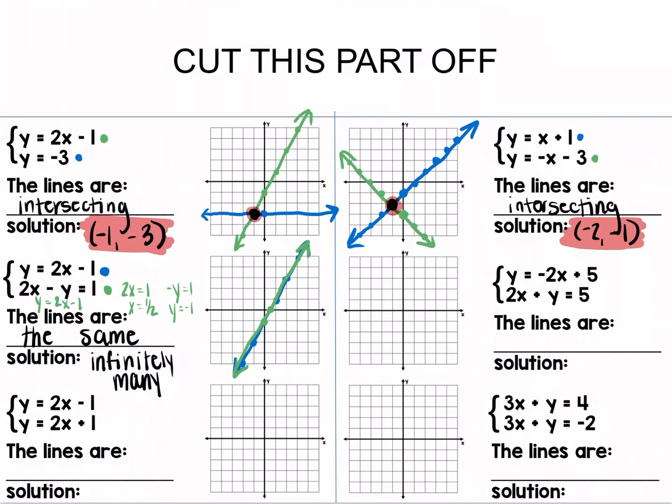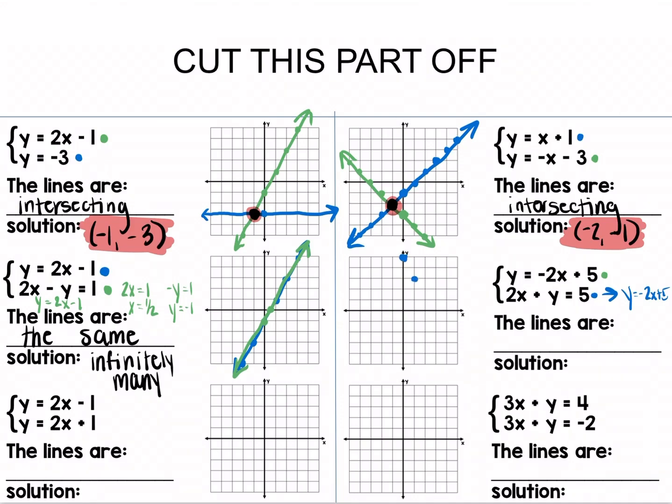Okay, so now let's go to the next one. So I have green and I have blue. This one in standard form, I'm going to rearrange, and if I do that, I'm going to subtract 2x, so then that's y equals -2x plus 5. If you notice, they're the same line, but if you didn't, that's okay. So 1, 2, 3, 4, 5, and then down.